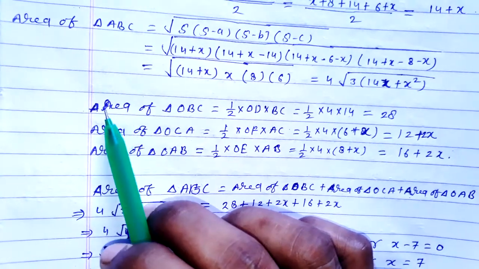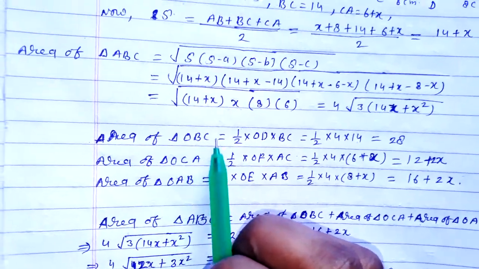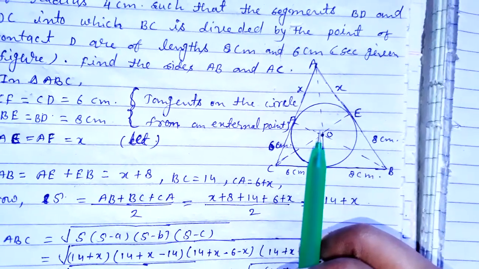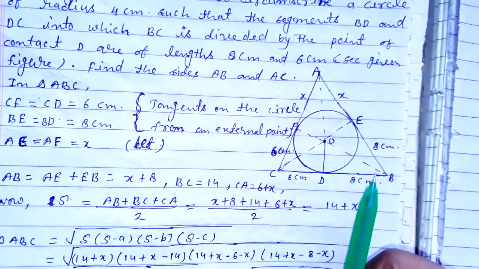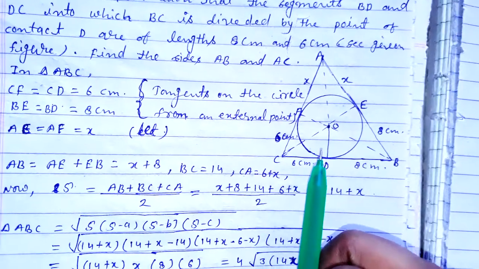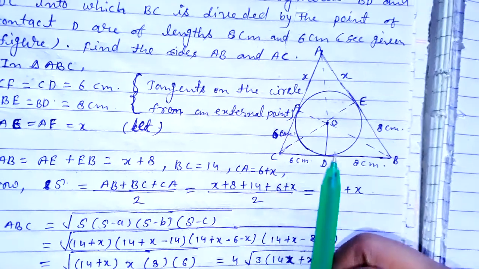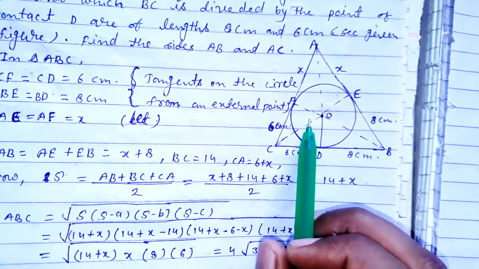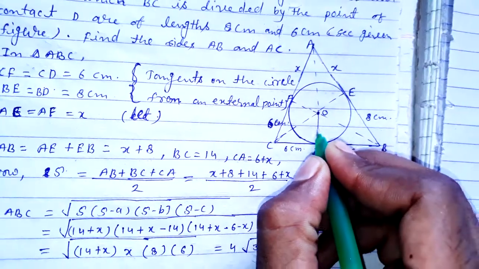Now the area of triangle OBC. Area is 1/2 times height times base, so the height is 4 cm, which is the radius, also given as 4 cm.